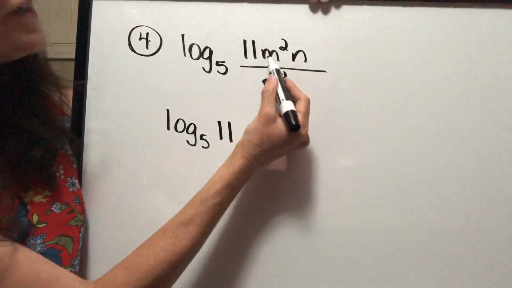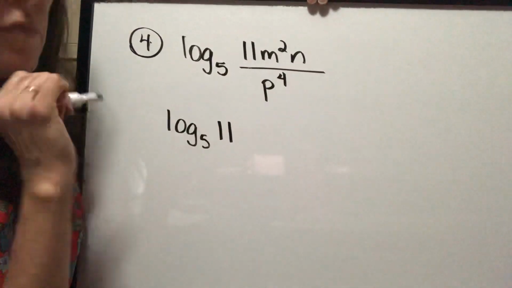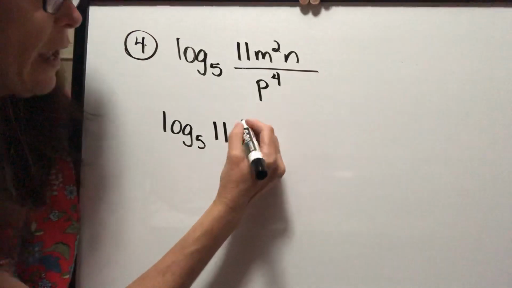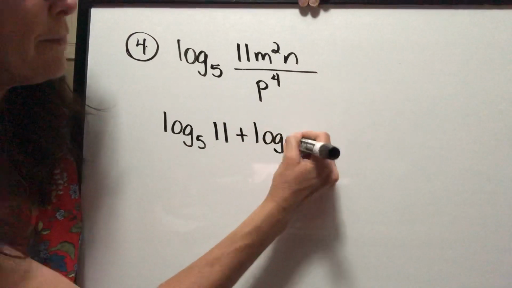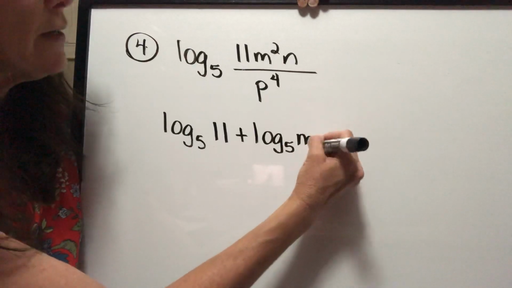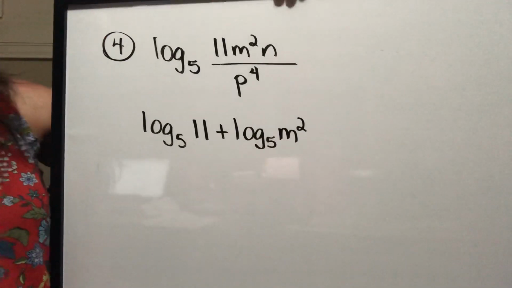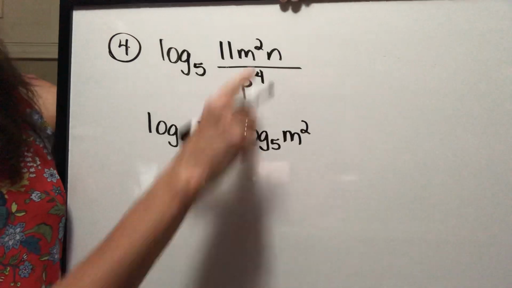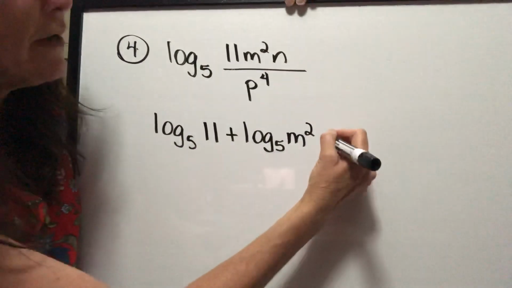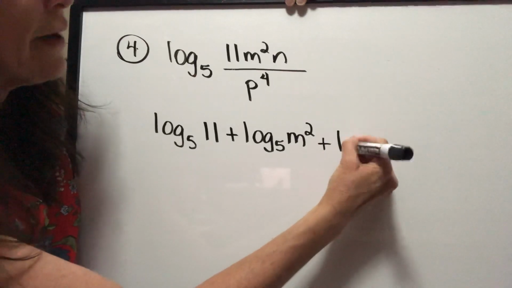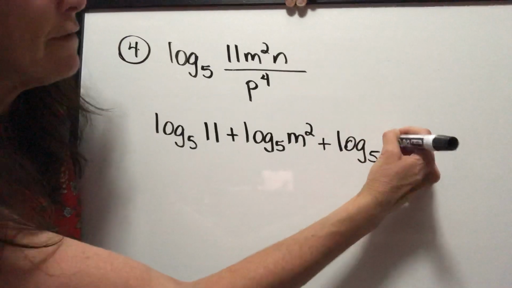Now the 11 is multiplied by m squared. So multiplication means that you would add the logs. So you would put a plus sign and then another log with a base of 5, and that will be m squared. Now the m squared is also multiplied by n, so that means you would have another log added to that, and that would be log base 5 of n.